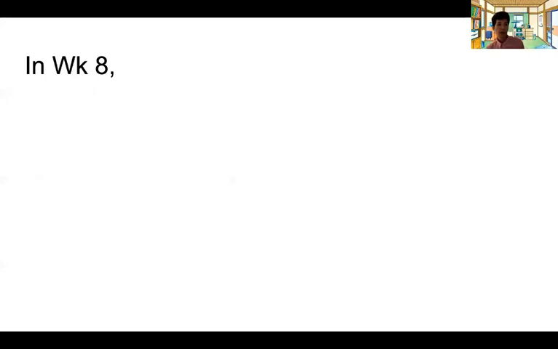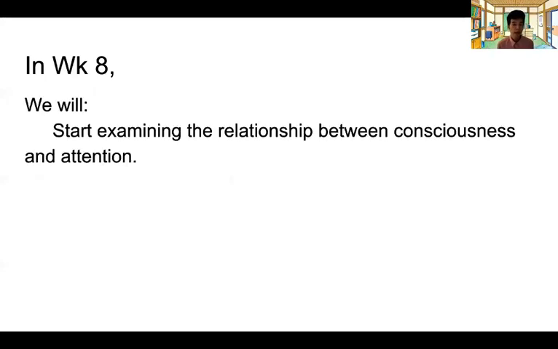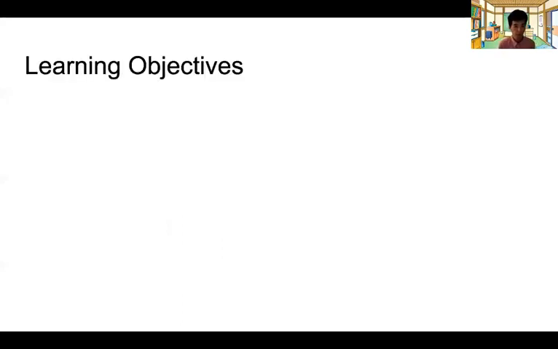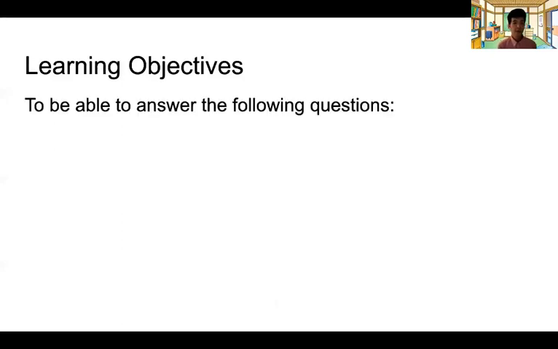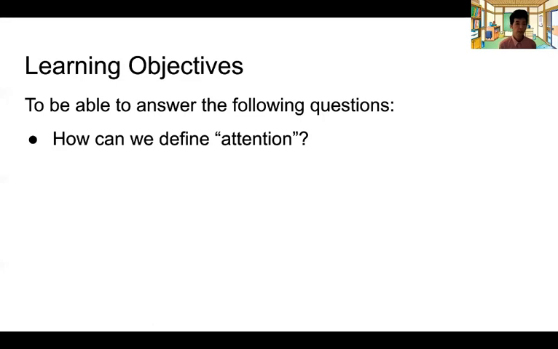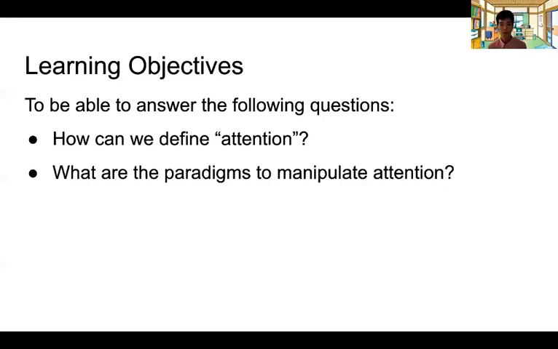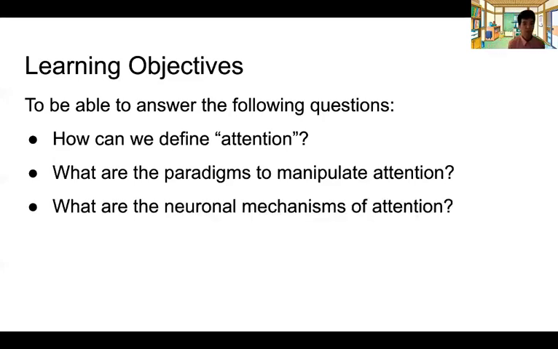Okay, so having said that, in week 8 we are going to start examining the relationship between consciousness and attention. The learning objectives are to answer some of these questions, such as: how can we define attention? What are the paradigms to manipulate attention? What are the neural mechanisms of attention?